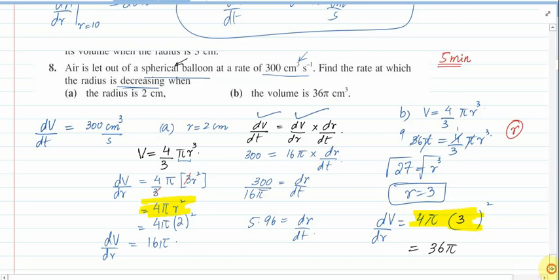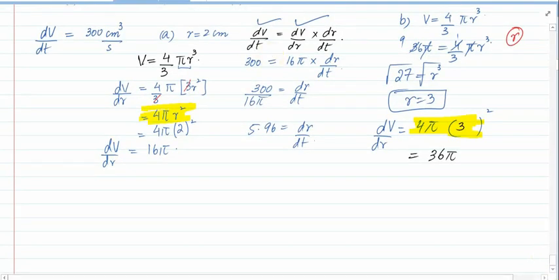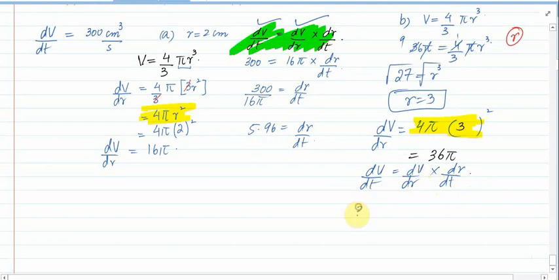The working formula chain rule, this one, that is the working formula, right? So now dV divided by dt equals dV upon dr into dr upon dt. So dV upon dt it's given is 300 equals dV upon dr, you have found 36 pi, and dr upon dt we are looking for.